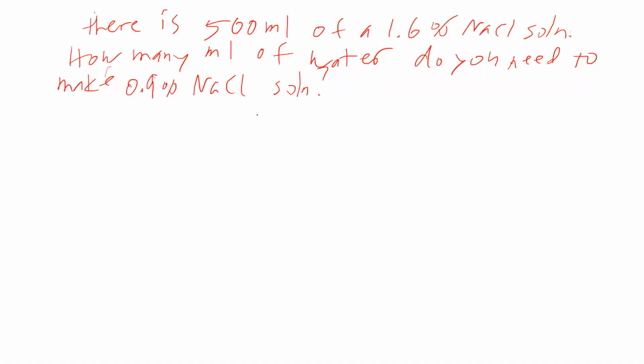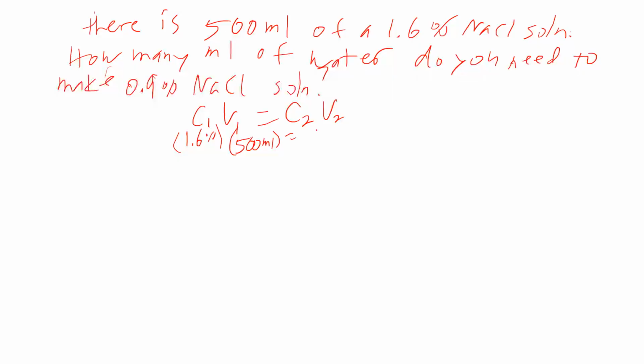Okay, so let's do C1V1 equals C2V2. So there's 500 mils of a 1.6%, and so there's 500 mils.